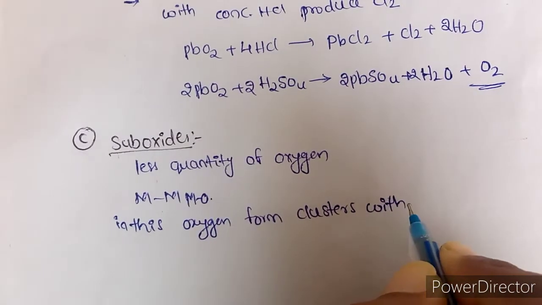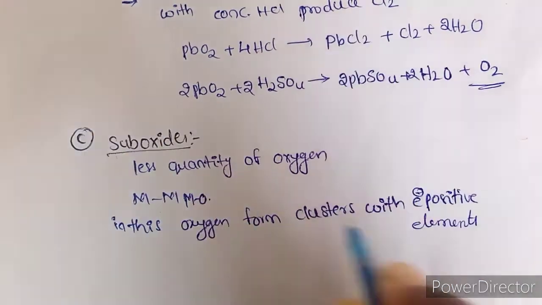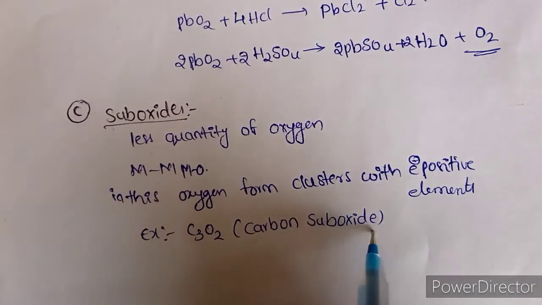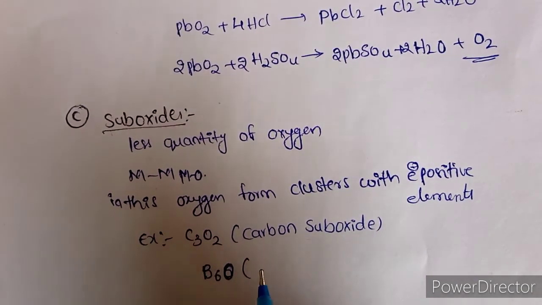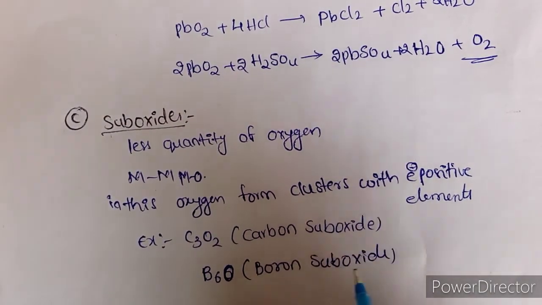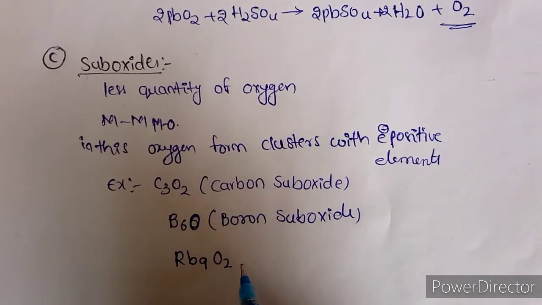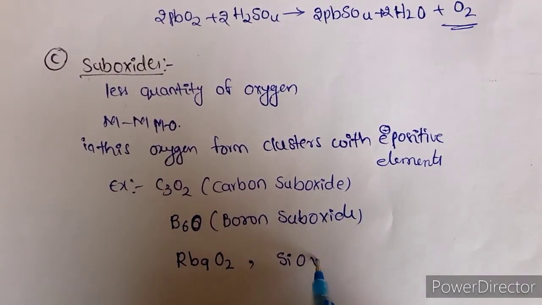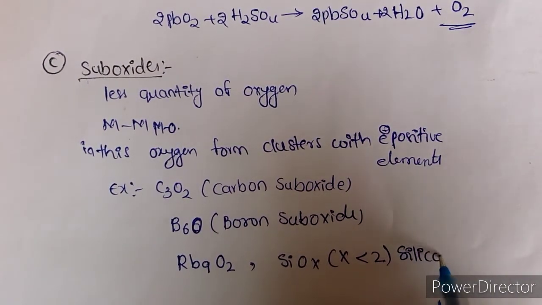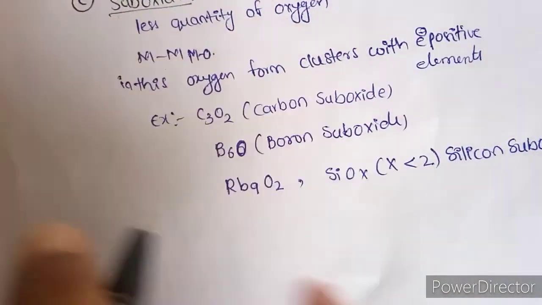Examples for suboxides are carbon suboxide C3O2, boron suboxide B6O, rubidium suboxide Rb9O2, and silicon suboxide SiOx, where x is less than 2. This is about suboxides.